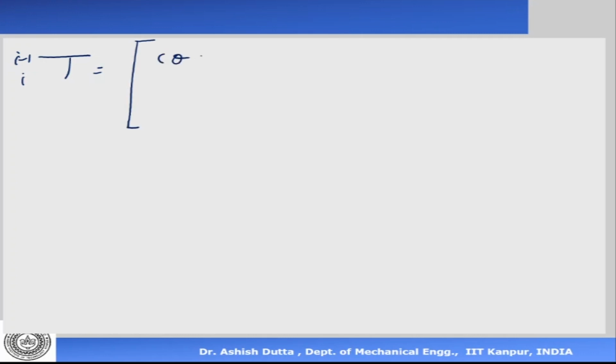cos theta, minus sin theta, 0, A. Then we have sin theta cos alpha, cos theta cos alpha, minus sin alpha, D. Let's not use the subscript i; A and D is good enough.